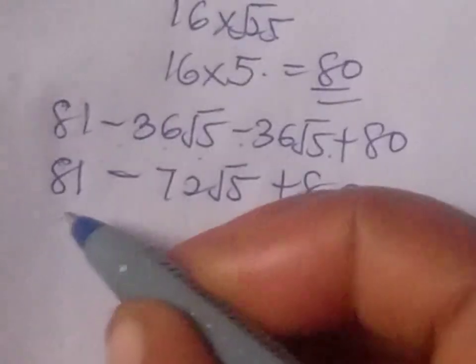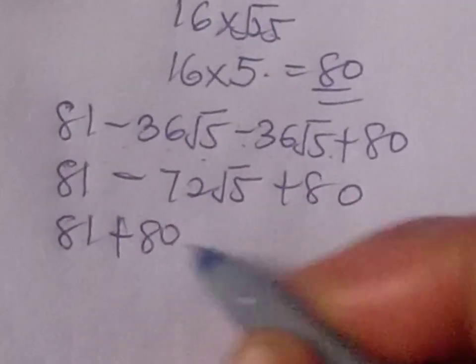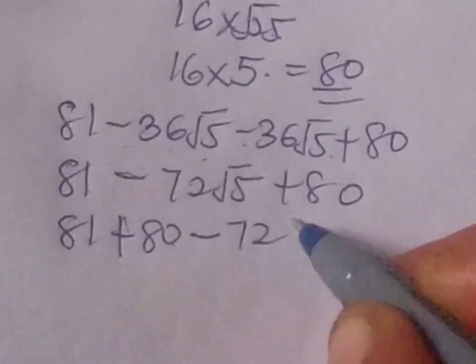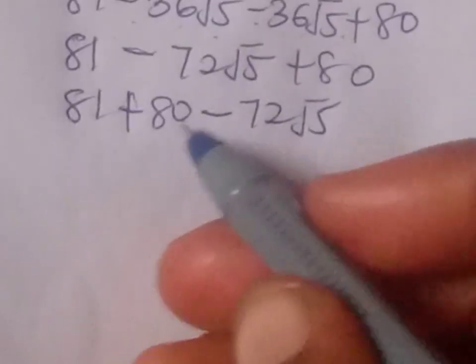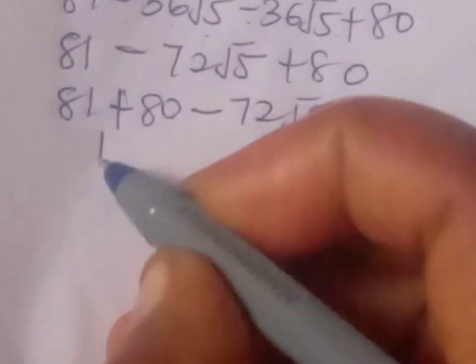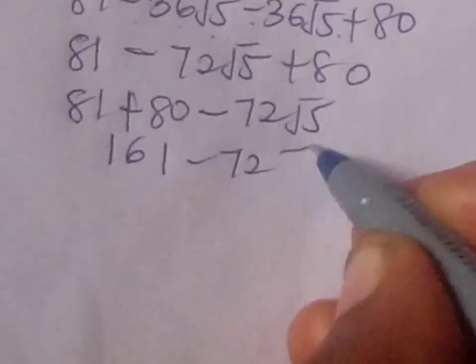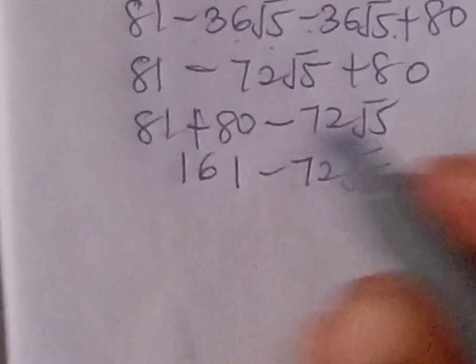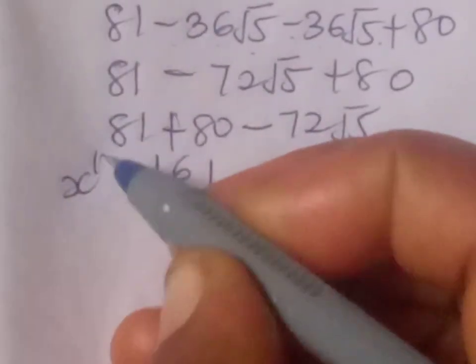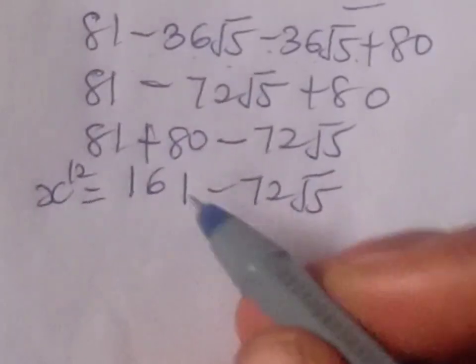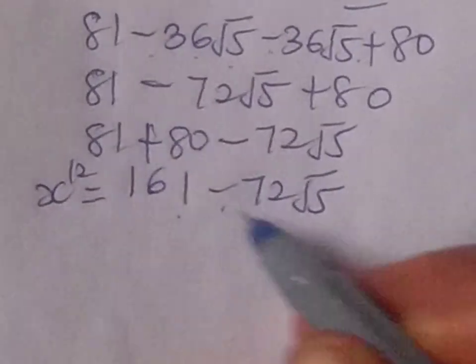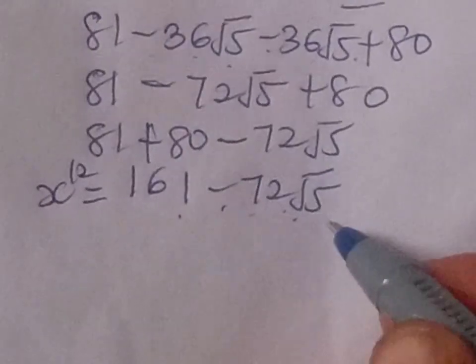Let's rearrange. 81 plus 80 minus 72 root 5. 81 plus 80 will give us 161. So we have 161 minus 72 root 5. Means our x raised to the power of 12 equals 161 minus 72 root 5.